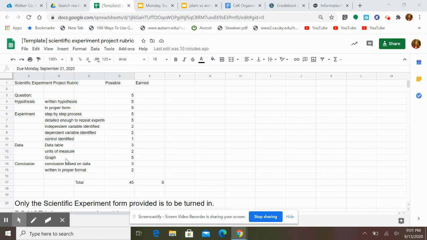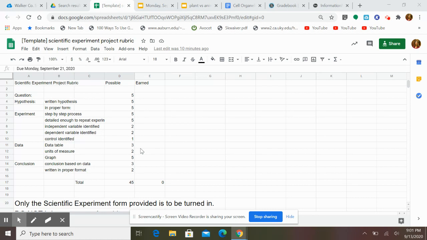After you have graphed your data, you will draw your conclusion. Remember, the conclusion must answer your original question. A lot of times when we do experiments, there are lots of extra questions that come up throughout the experiment, but your conclusion only answers that original question.